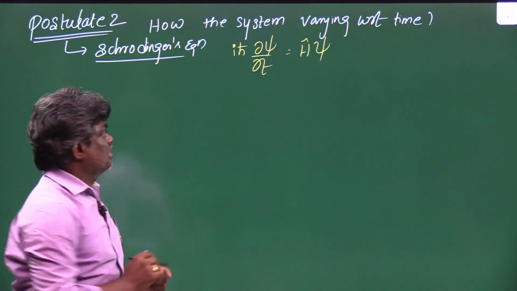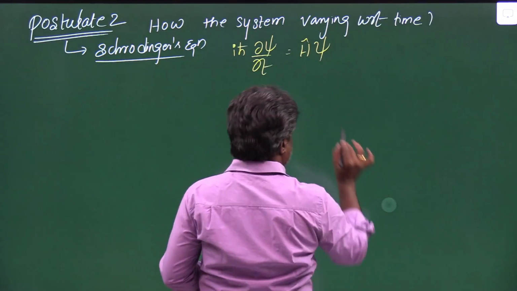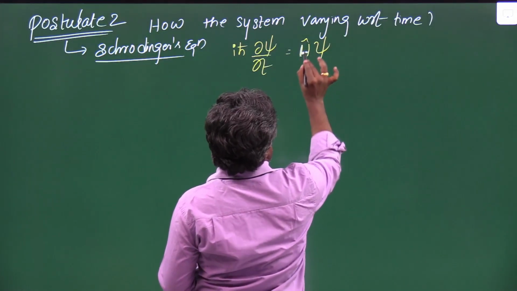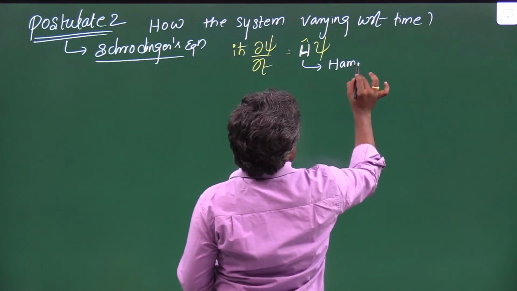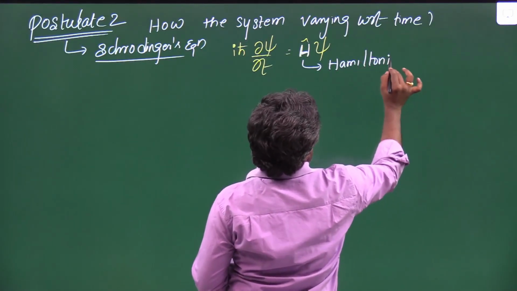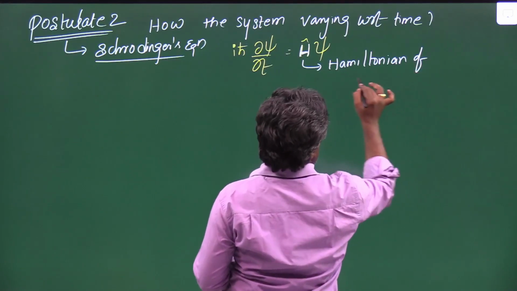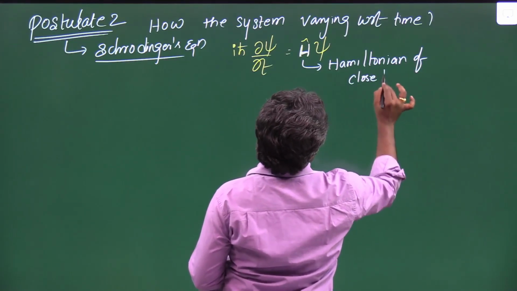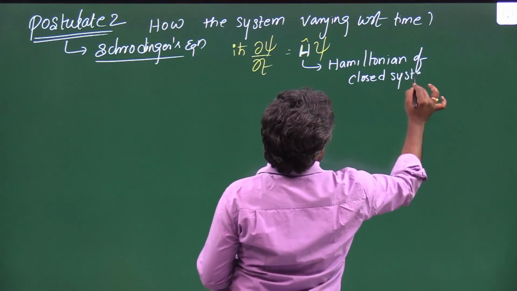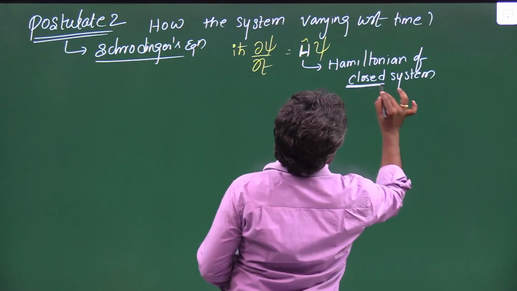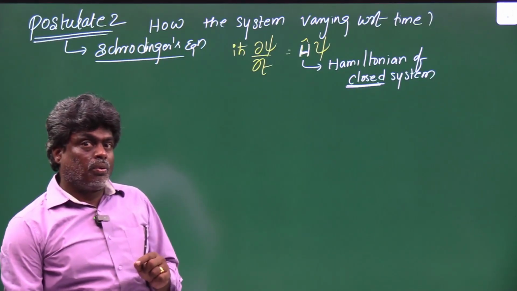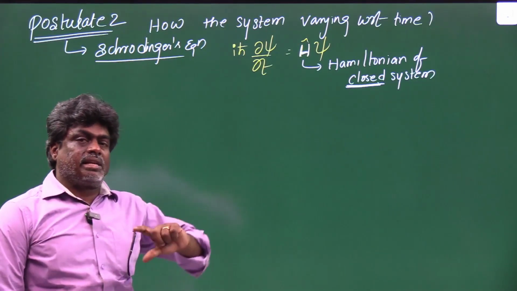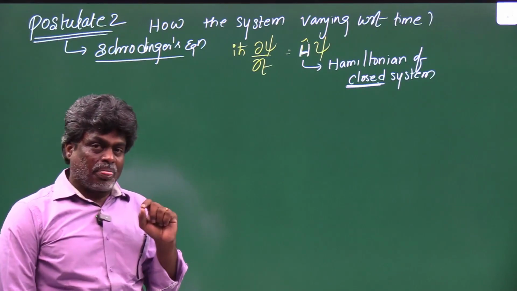What is H cap? It is the Hamiltonian of a closed system. Sir, this is important. What is meant by a closed system? Only energy is exchanging between the particles.